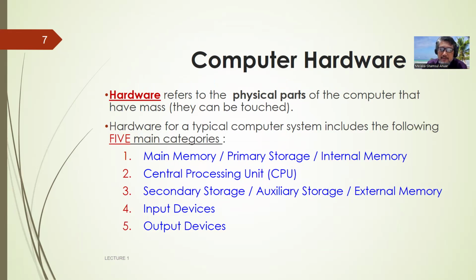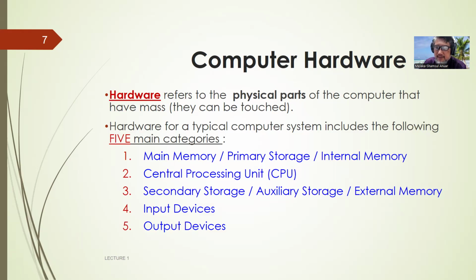For the hardware part, we have the main memory, primary storage, internal memory, and then something that we call a central processing unit. Usually if you're talking about the desktop, we have the big black box. Inside it, we usually call it the CPU, central processing unit. And then we have secondary storage, auxiliary storage, external memory. So those are some additional stuff.